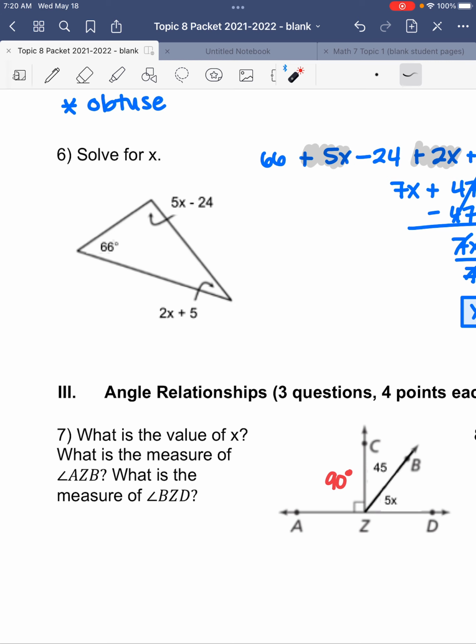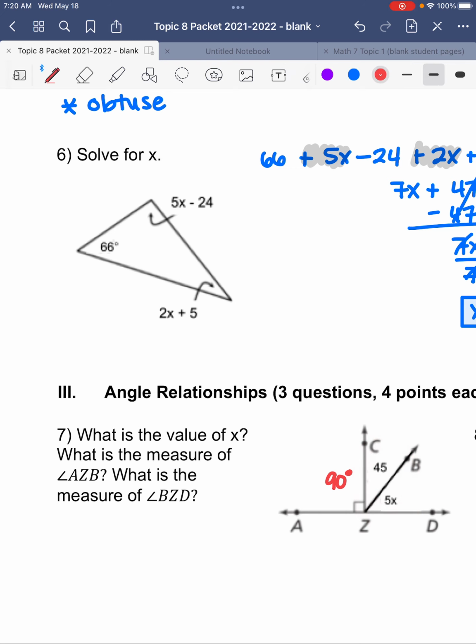Now, to find the value of x, let's talk about just this side over here. If the other side, this side here, has that square, and I know it's 90 degrees, what do I know about this side? Well, it's also 90 degrees, because 90 plus 90 is 180. So can I use this information here to write an equation to solve for x?